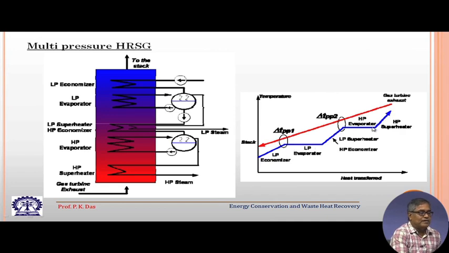Of course, this kind of nature cannot be avoided as there is steam generation, I have already explained. But compared to the single pressure operation, by providing two pressures, these two curves are coming close to parallel curves. So, this is the achievement we get by producing two pressures. While we operate in triple pressure, we will have much closer curves for the cooling of the gas stream and heating of the vapor stream.